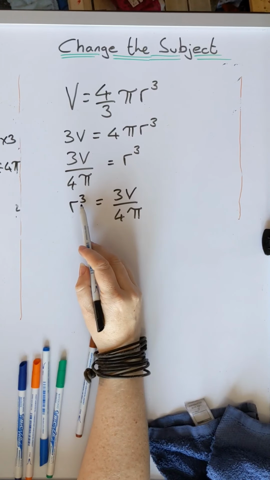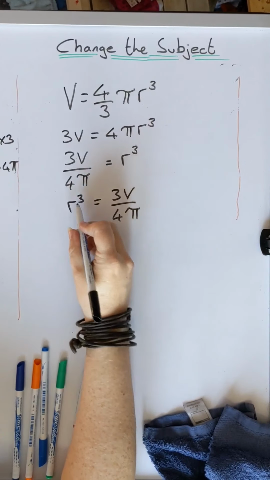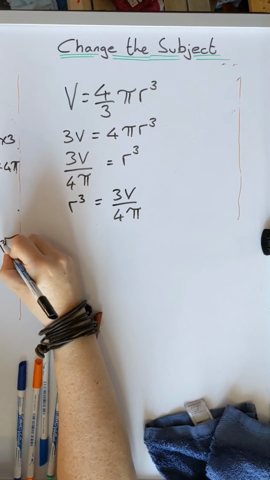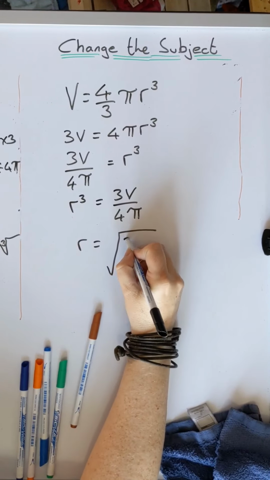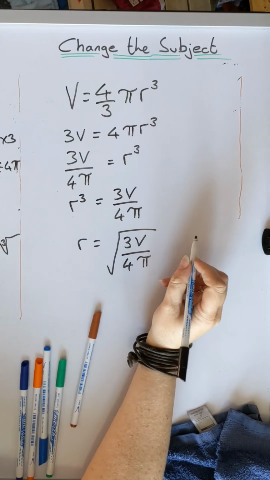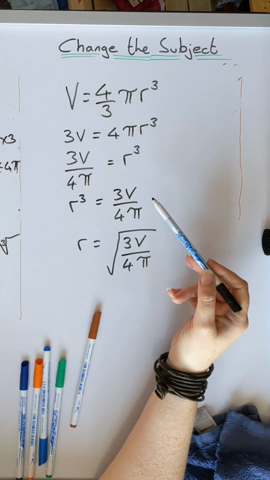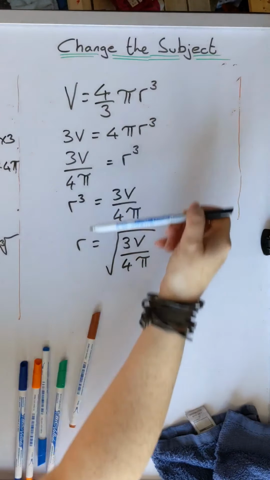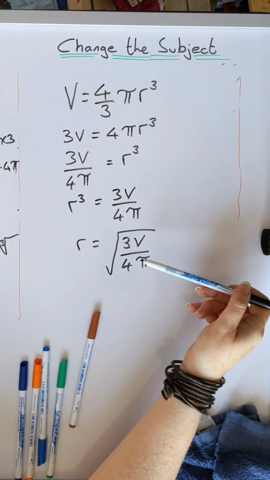And we now need to get rid of our r cubed. For this, we need to do a cube root. So we're going to do r equals the cube root of 3v over 4 pi. This is one that does come up occasionally in exam style questions. They expect you to be able to get from this formula to this one in just one point of the question.